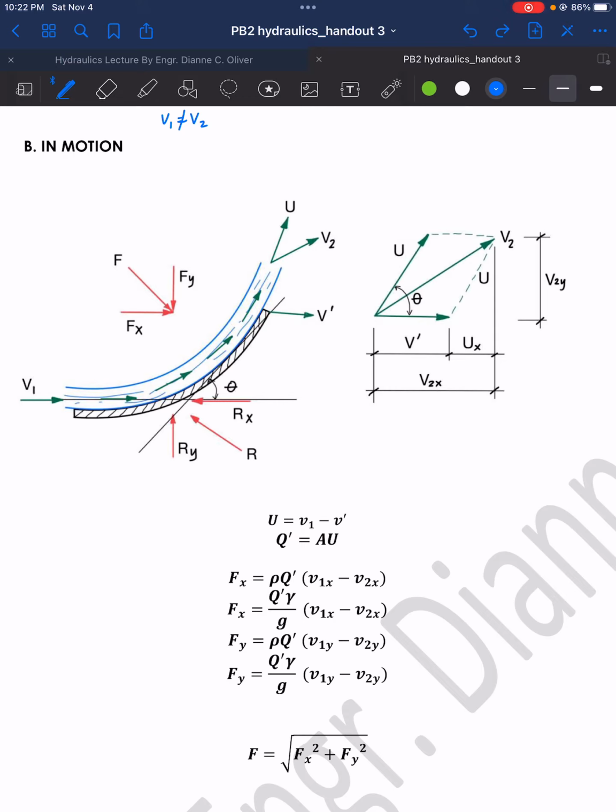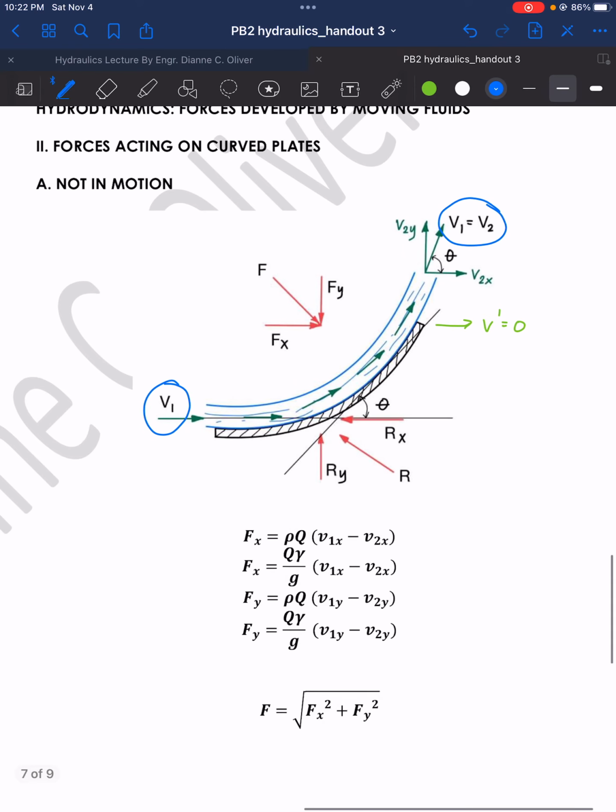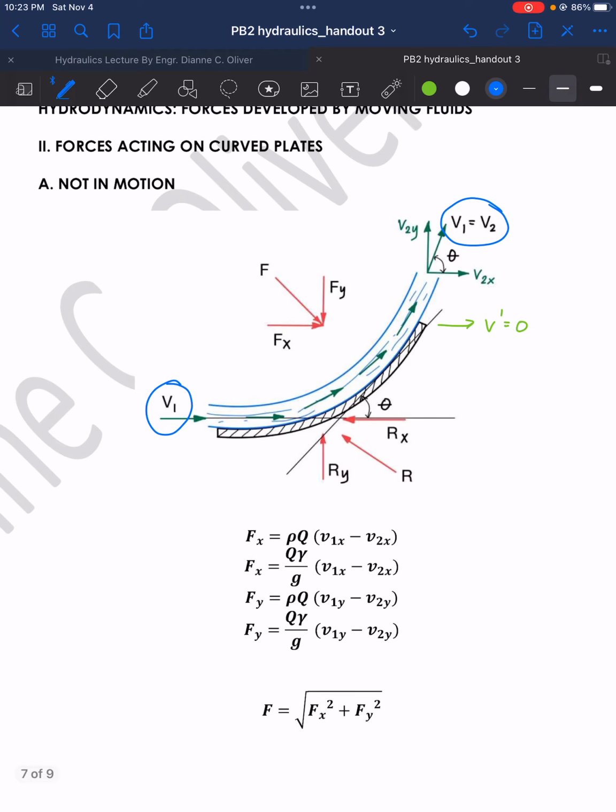And take note also that since there is the presence of the velocity of the vane, there will be a different formula for Q. Now, in the plate that is not moving, our Q is simply the area times V1 if it is given.